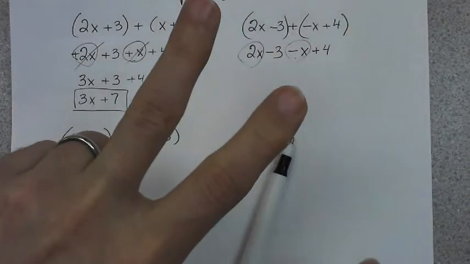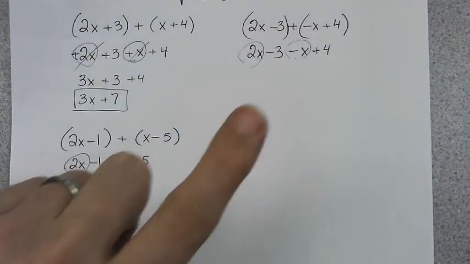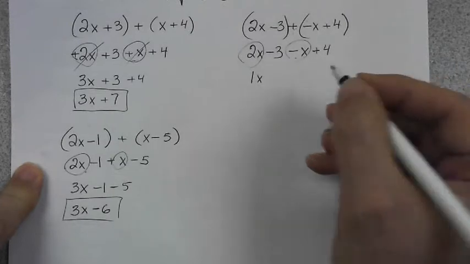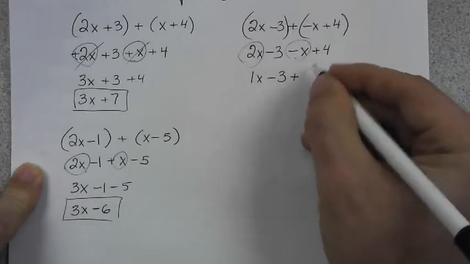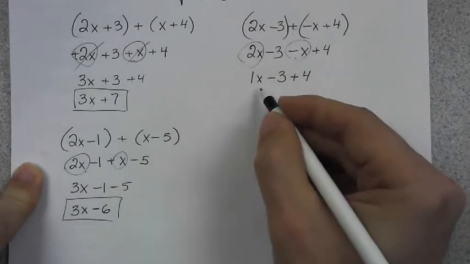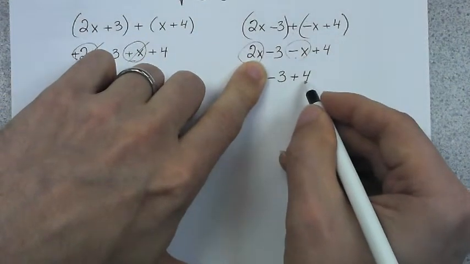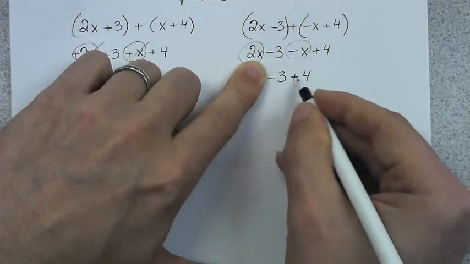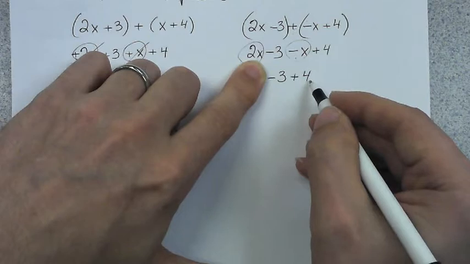If I had 2 x's and I take one away, that leaves me with 1x. You can put the 1 there if you want to. You don't need it, but you can if it makes you feel better, that's fine. I still have my minus 3 and my plus 4. Now, minus 3 plus 4, if I pop that in a calculator, that's going to leave me with positive 1.